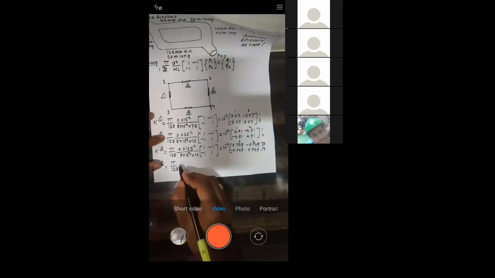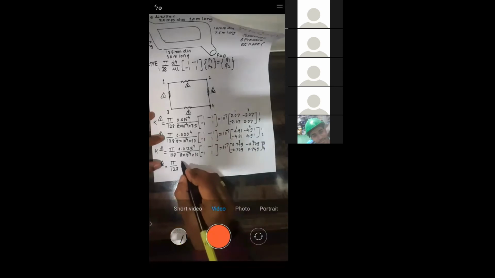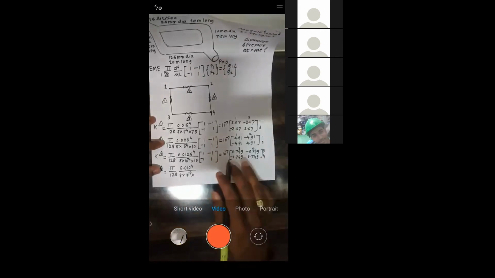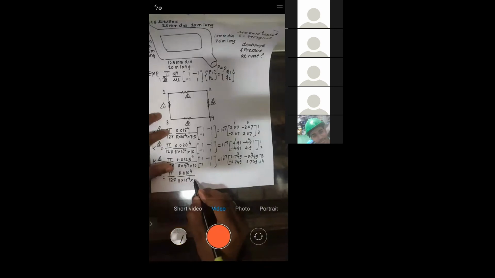Now go for stiffness matrix of element number 4. It is pi by 128. Diameter of 4, it is 10, so 0.010. Mu is 8 into 10 to the power minus 4, into its length, which is 7.5. 1, minus 1, minus 1, 1, right?